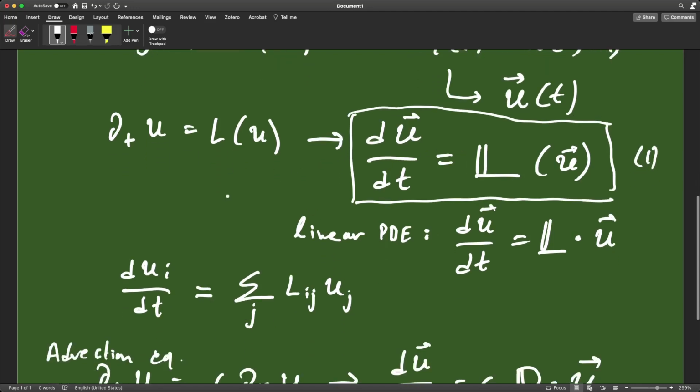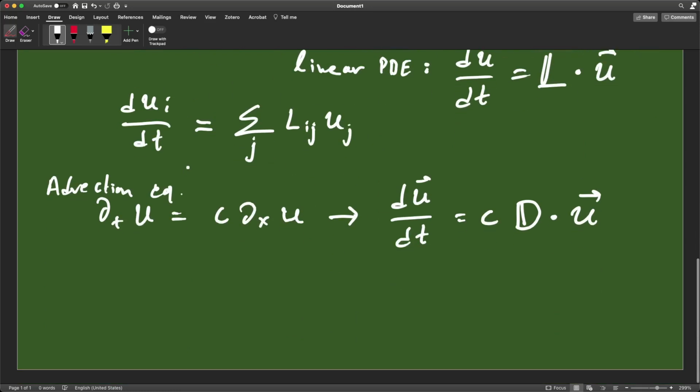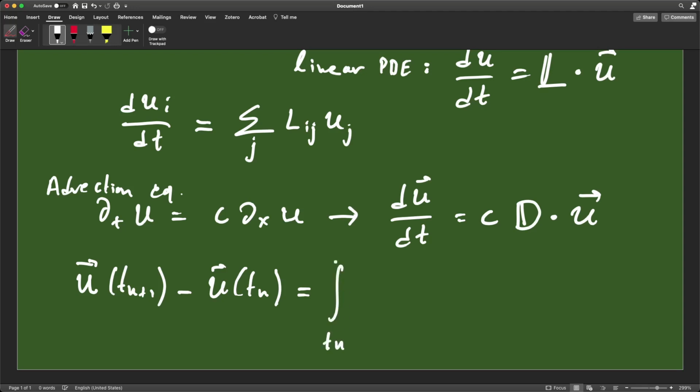We can integrate it in time, marching forward. So u at time n plus 1 minus u at time n is the integral from tn to tn plus 1 of L of u of t dt. And then all we have to do is approximate this integral.